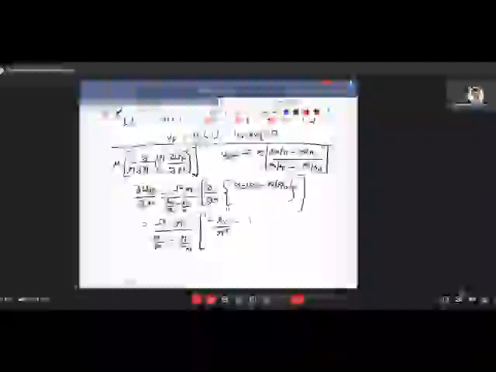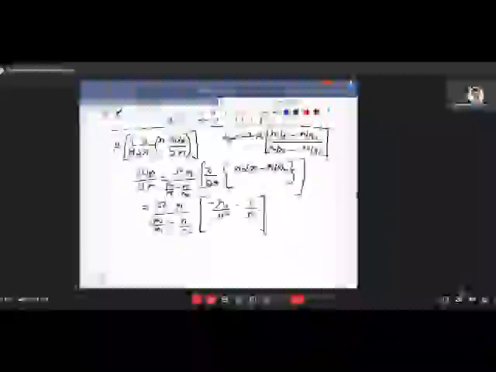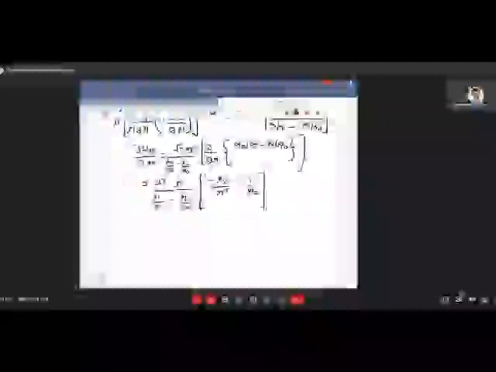Now the differential of the terms inside the bracket can be performed. It's very basic calculation. The differential of 1 by r is minus 1 by r square, and the differential of r is 1. And this is just dou u theta by dou r.